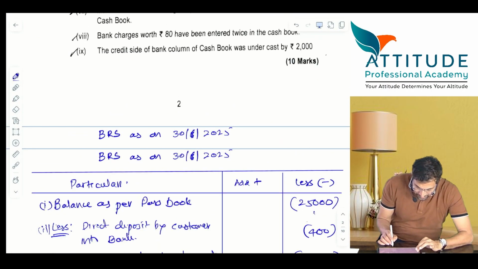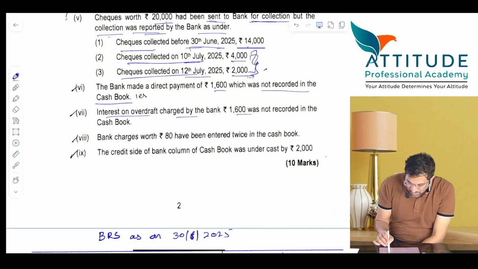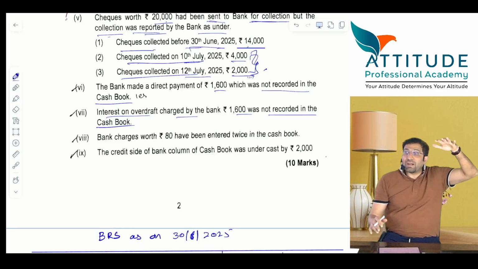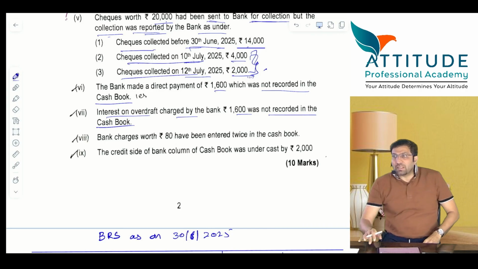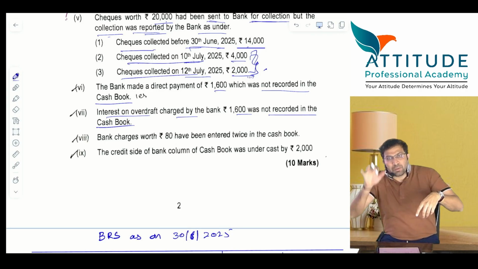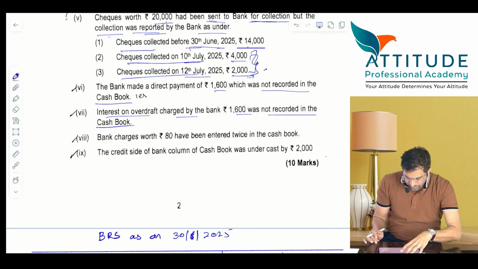7th. हाँ, tell me. Fast. Interest on overdraft charged by the bank 1600 was not recorded in cash book. Passbook balance is up or down? Down. Why? Because interest on overdraft is an expense. Your आपका bank balance कम होगा. And who has charged it? Banker. So banker would have reduced your bank balance. So passbook balance is down. Cash book balance is up. Add.